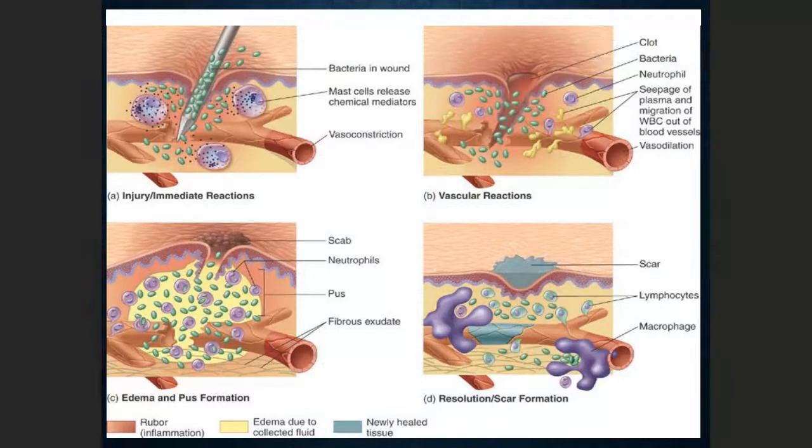Again, this is just an example. When our tissue gets injured, boom, the pathogens, bacteria, will enter over here, and then our blood will carry a lot of white blood cells into the area.